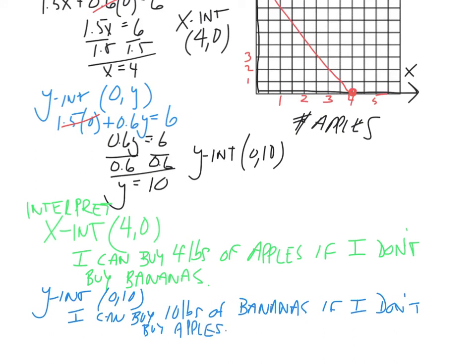Again, we said 60 cents was the dollar amount per pound of bananas. If I buy 10 pounds of bananas, that's the $6, and I have no more money for apples.